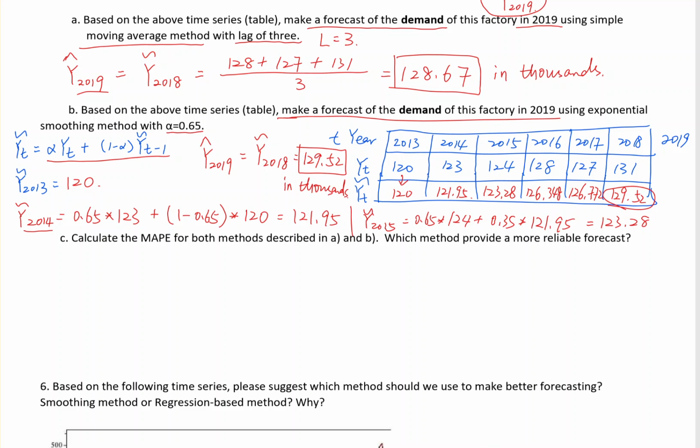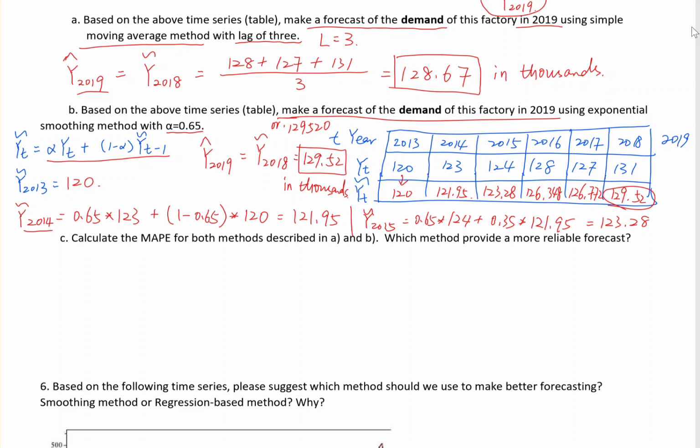Be careful, it is not just 129.52 because we have the unit. It is 129.52 in thousands, or when you interpret the results, you need to say it is 129,520. You can also change it to thousands; that will be fine too.